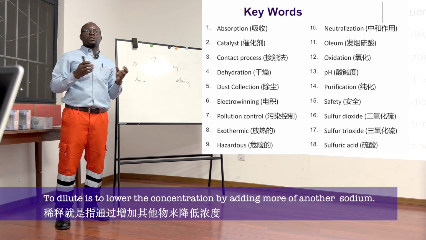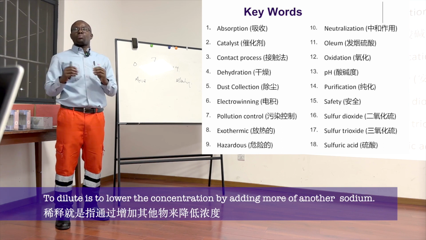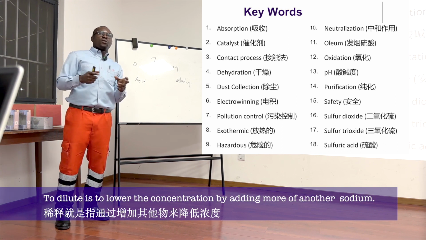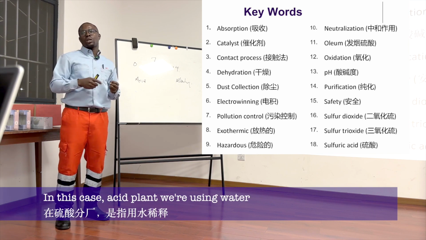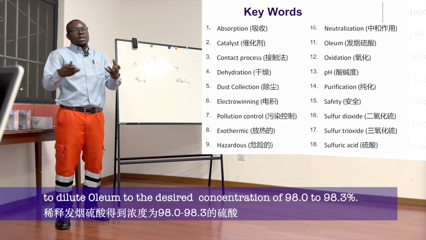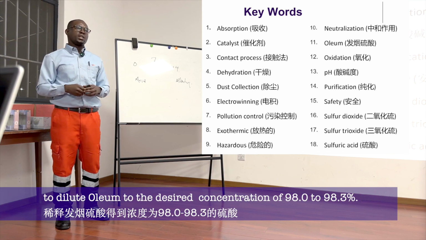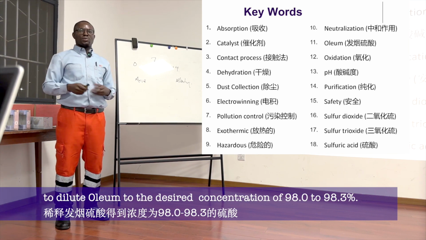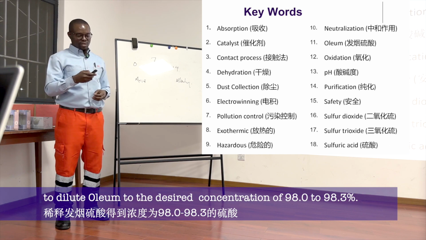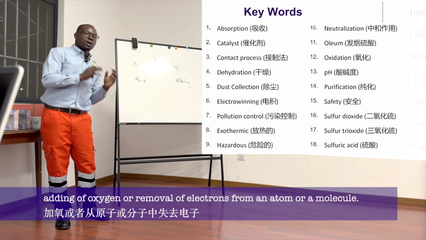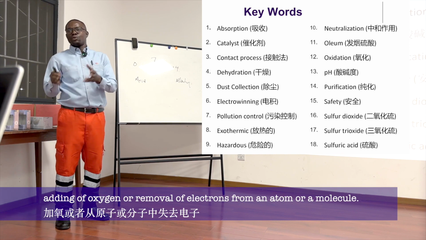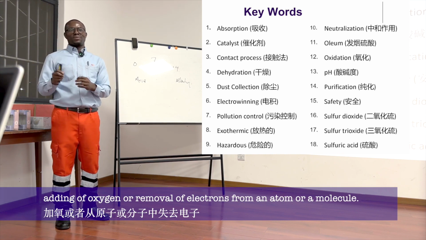To dilute is to lower the concentration by adding more of another solvent. In this case, acid plant, we are using water to dilute oleum to the desired concentration of 98.0 to 98.3%.